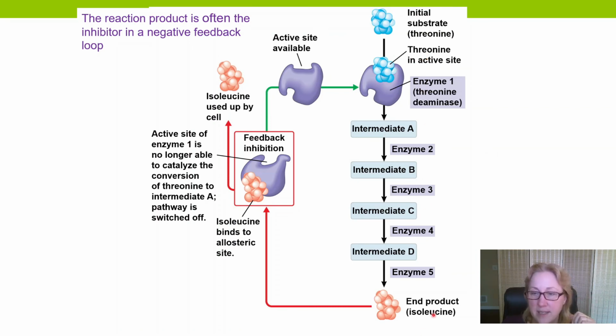And we can synthesize isoleucine from threonine, and isoleucine is actually the inhibitor. All of the enzymes are in a biosynthetic pathway, and I see here there's actually 5 enzymes that are needed to go from threonine to isoleucine.